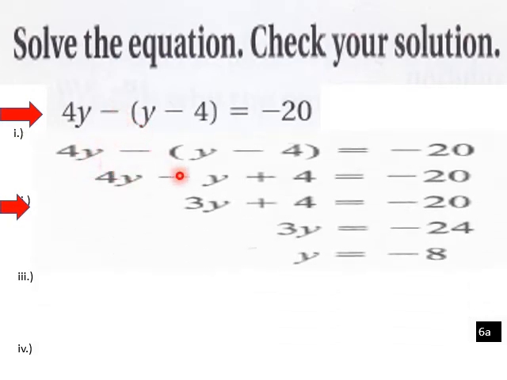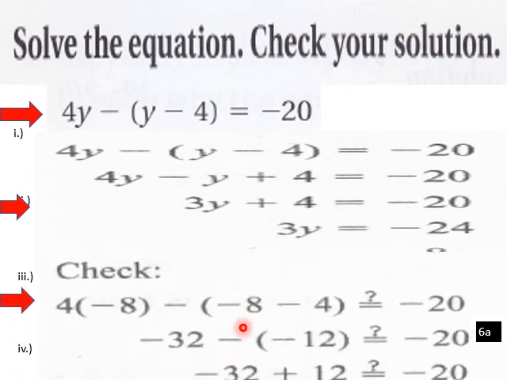So when we multiply through by negative 1, we have 4y minus y plus 4 equals negative 20. Then we combine like terms. 4y minus y is 3y plus 4 equals negative 20. Then we subtract 4 from both sides, and we get 3y equals negative 24. Then we divide through by 3, and we get y equals negative 8.